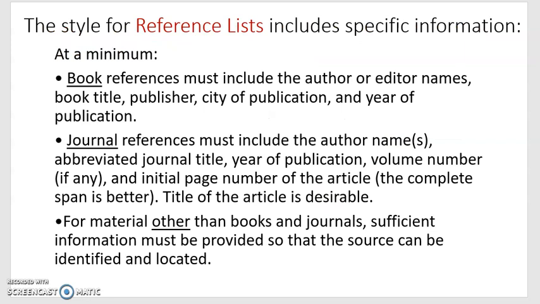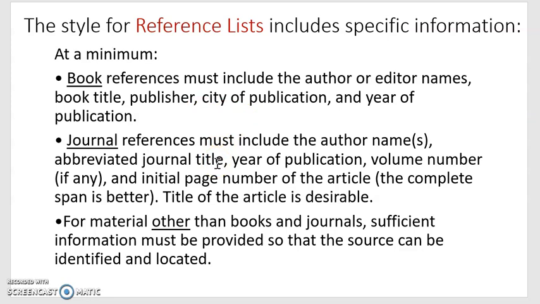So this slide summarizes what you need for a book reference, a journal reference, and for other materials. For any of these, what you need is sufficient information so that the reader can locate where you found your information. So for a book, that would include the author or editor, the title of the book, the publisher, the city where it was published, and the year of publication.